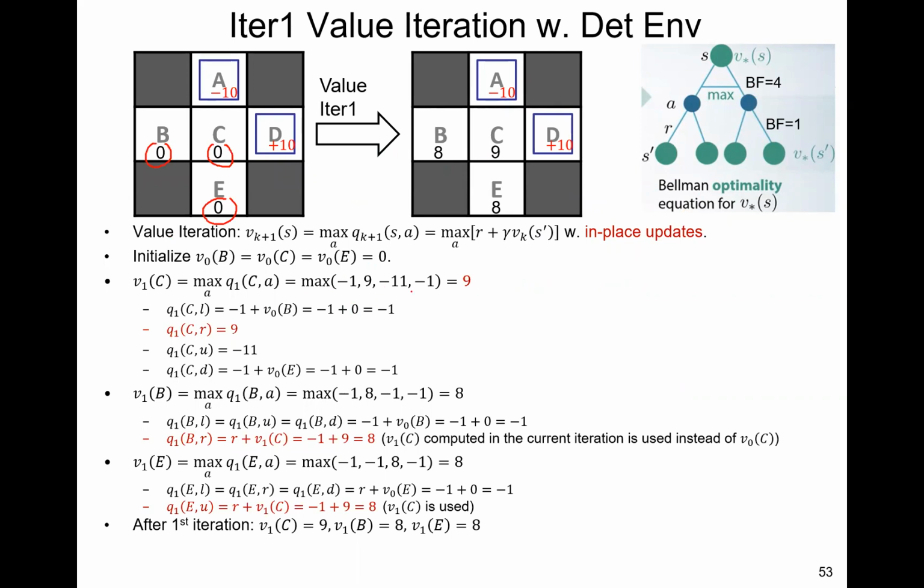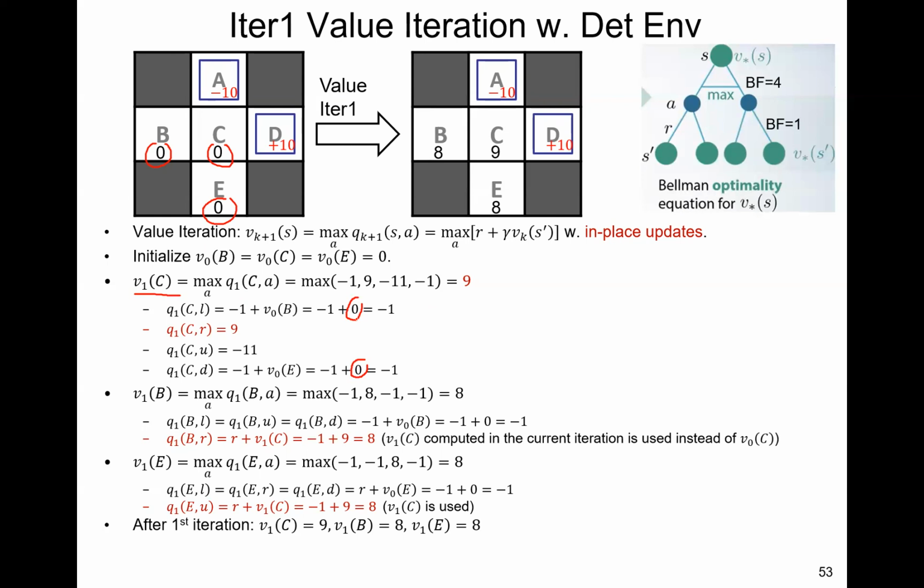So you plug in 0 for the initial values and do the iteration to solve for the Q's and then the V's. Or you can do the max inside the max operator directly, so it doesn't matter. Expressing Q's is more clear.